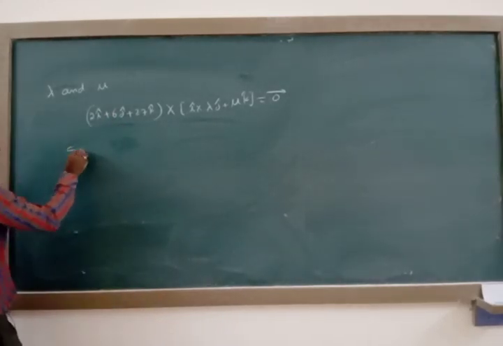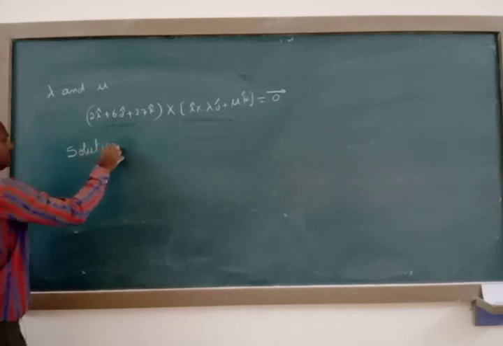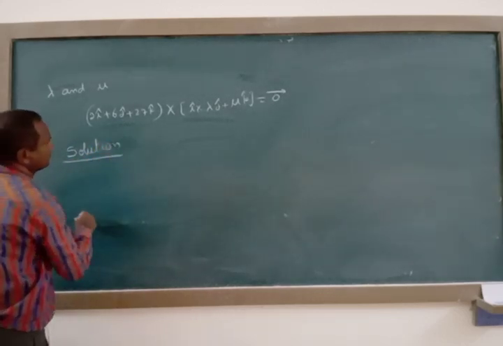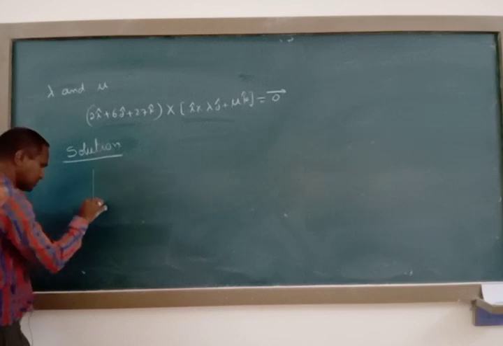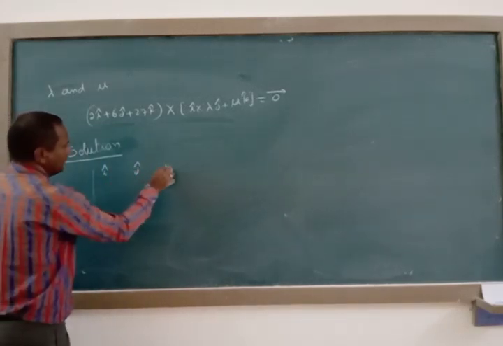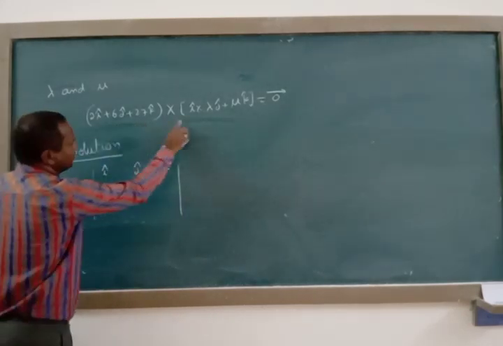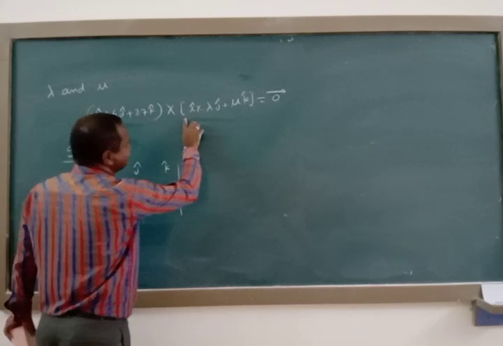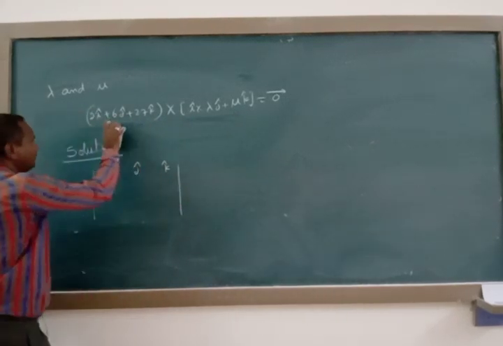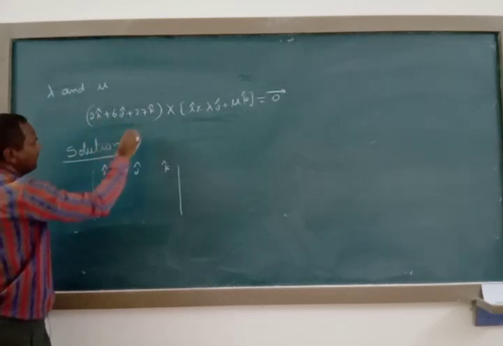Solution for this question is very simple. Here also we have to apply determinant rules. Cross i cap, j cap and k cap. It is the first vector, like a vector, and after cross you consider it the second vector. From the first vector you collect the coefficients of i cap, j cap and k cap.